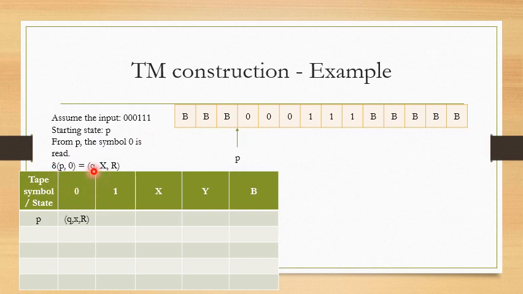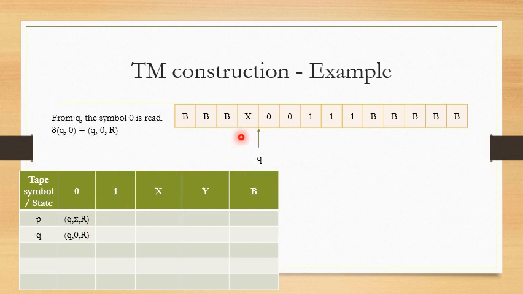Similarly, I place it in the transition table also: P comma 0 is equal to Q comma X comma R. Now the 0 is changed to X and the state is also now Q.